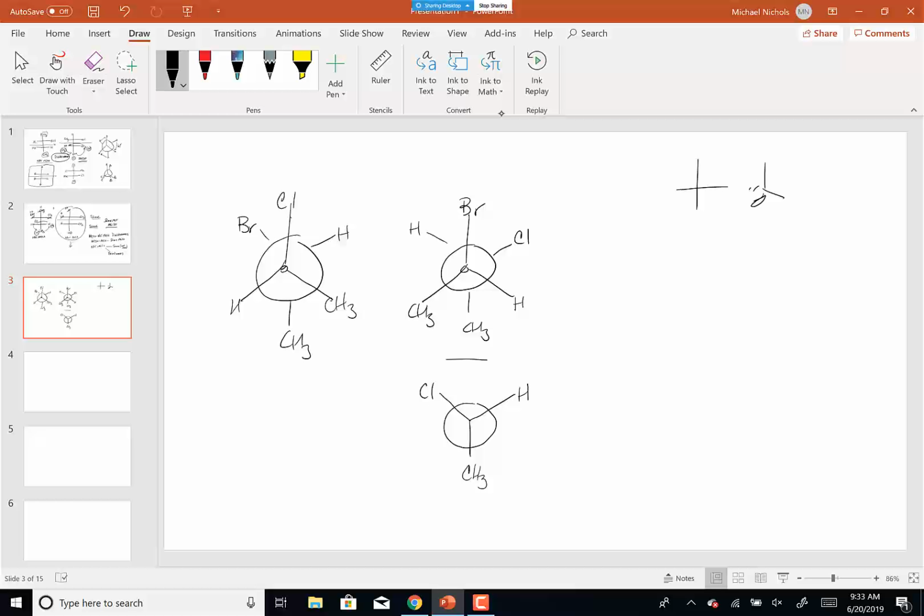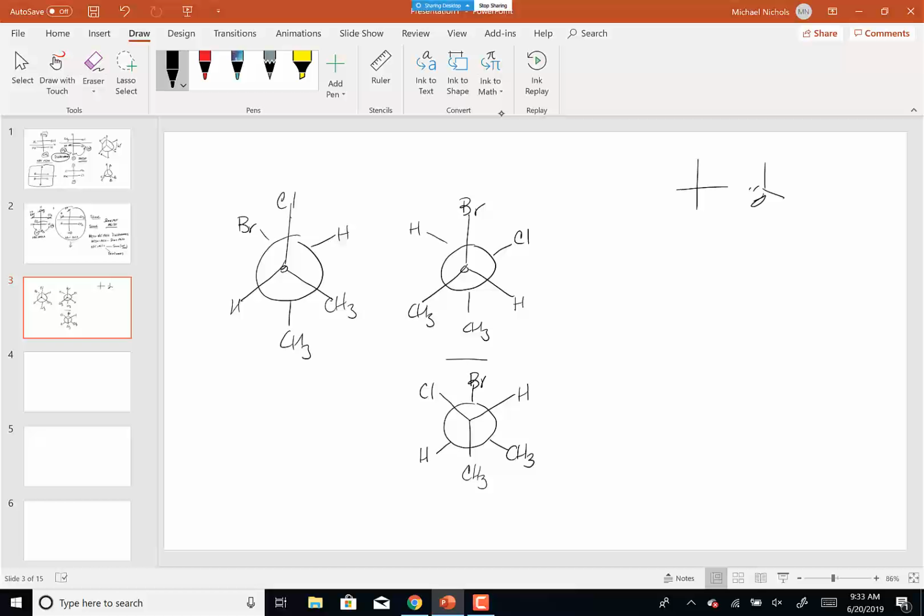So this is as if I was behind the molecule looking at it forward. And if you can't picture that, then you just need to take the molecule and rotate it 180 degrees, which means the back carbon is going to look like this. So that means the bromine's going to be in the vertical position. The methyl and the hydrogen then go from left to right, they interchange.